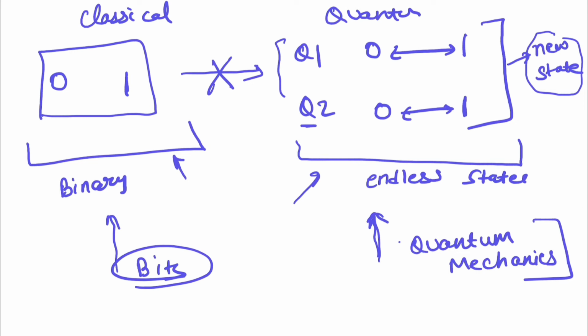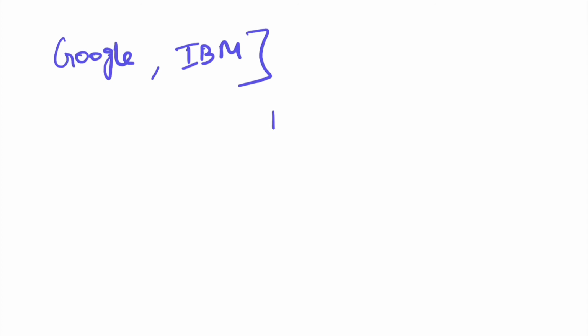Now I'll talk about where we are in this space, in this research. Many big companies, let's say Google, IBM, are investing a lot in this domain to create these quantum computers. One quantum computer has already been created by IBM, which is available on the cloud, and anyone can access it on the cloud to do computation.